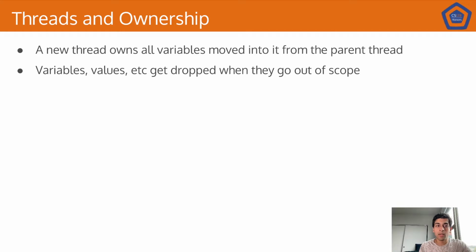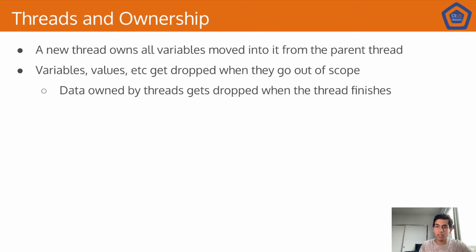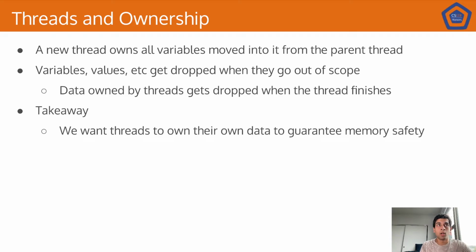Okay. And then we said variables, values, etc., they all get dropped when they go out of scope. So when a thread's finished, all of the variables that a thread owns go out of scope. So the data that the thread owns gets dropped when the thread finishes. This includes the main thread.